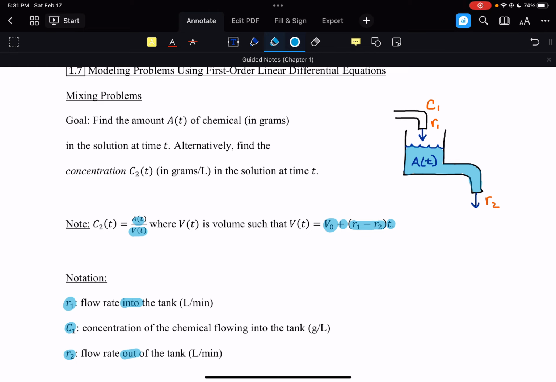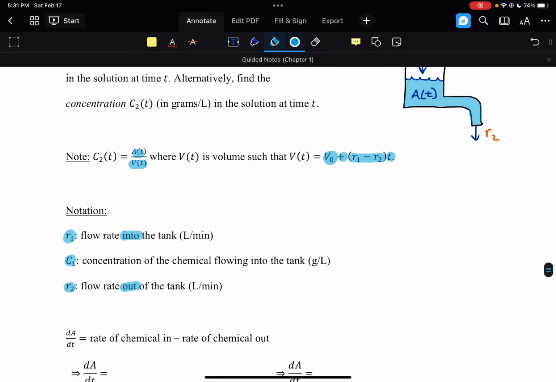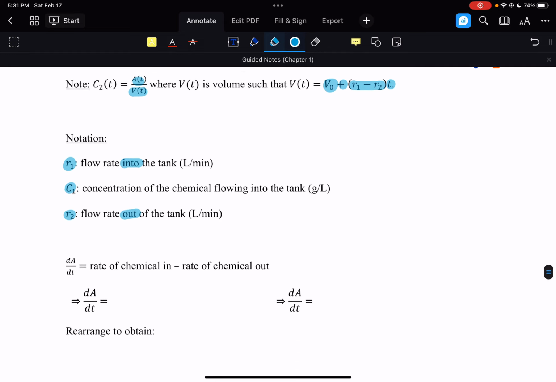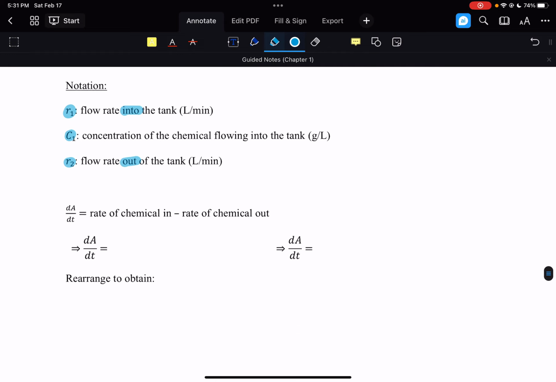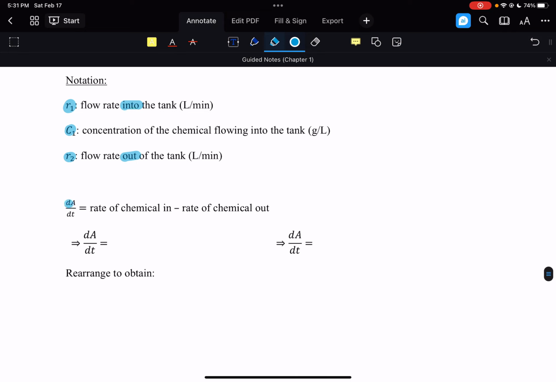Now, to see how we can relate this to the concept of derivatives and differential equations. We have this rate of change, dA/dt, the change in amount with respect to time. That's going to be the rate of chemical in minus the rate of chemical out.